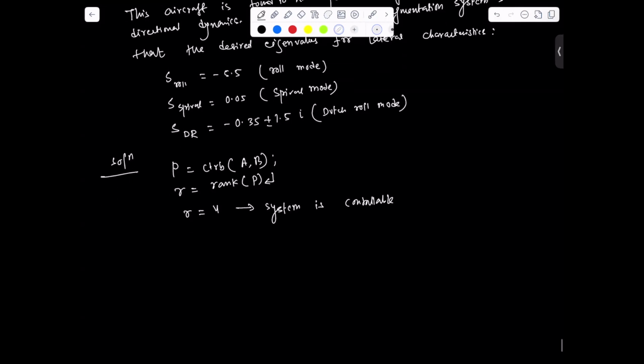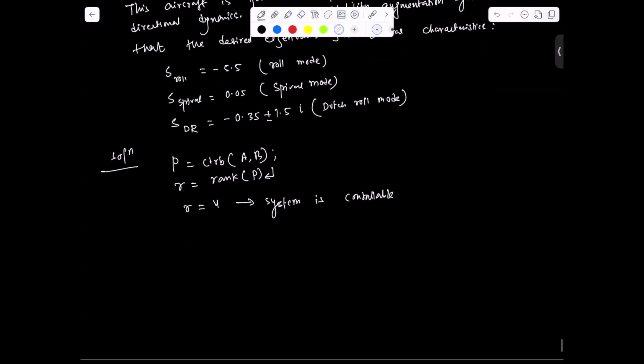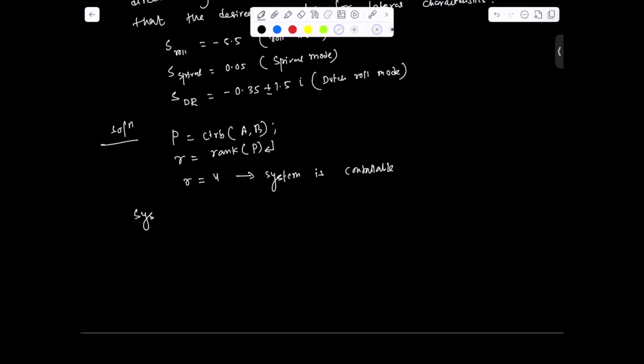Now we'll find the open loop poles of this system, whether the system is stable or not. For this, we have to use the command damp(A), which gives omega n, the natural frequency, zeta for the damping ratio, and poles.